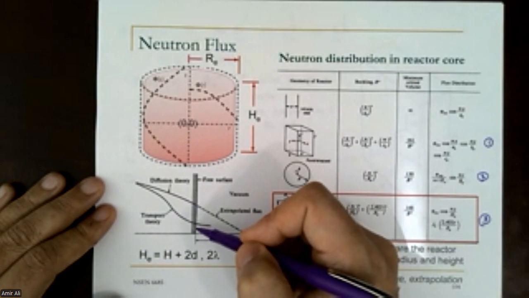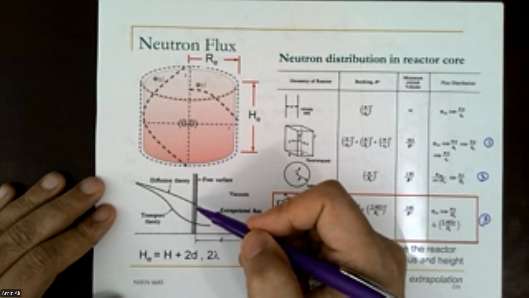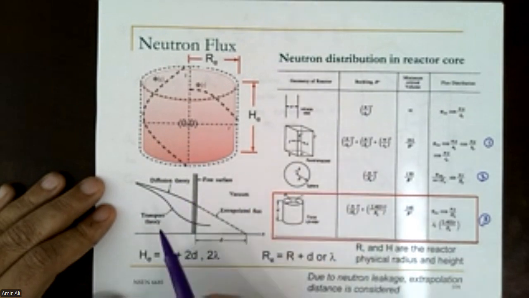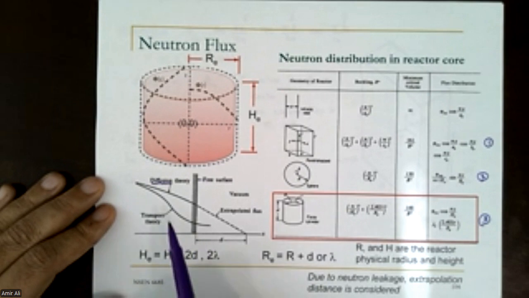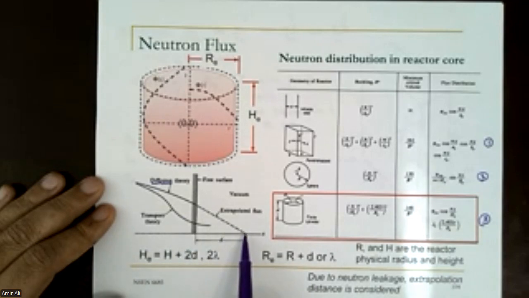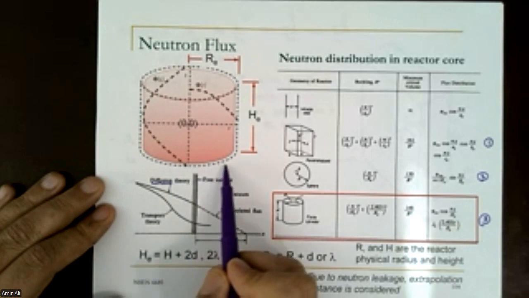They penetrate, they diffuse, they can leak out, which means that according to different theories, diffusion theory or transport theory, but we stick more to diffusion because we derived this equation from the diffusion equation, neutrons cannot be physically stopped by the physical boundary of the reactor. They will leak outside and extend beyond the reactor core. This is what I'm presenting here with that dashed line.